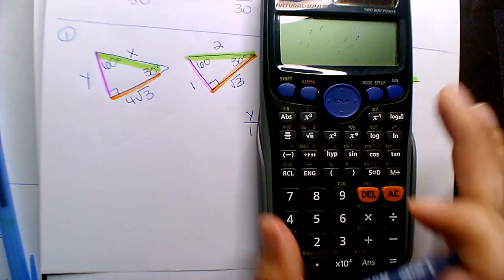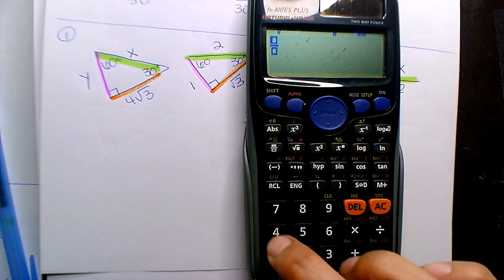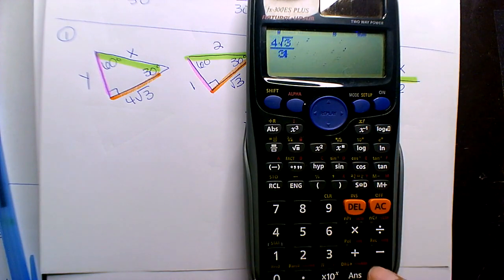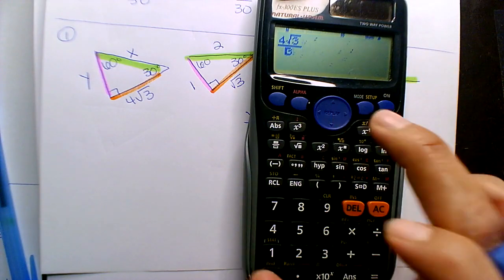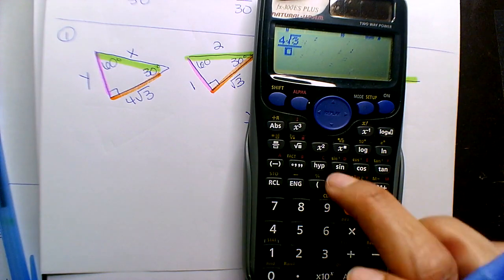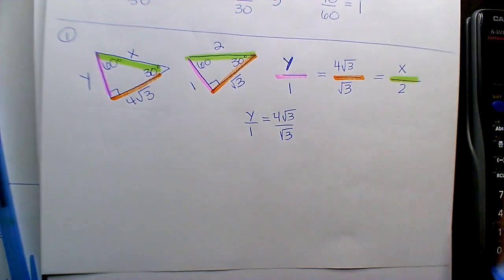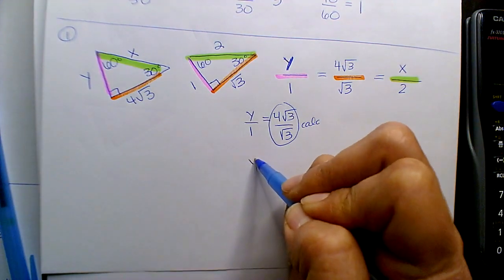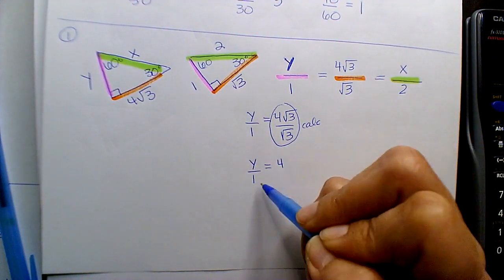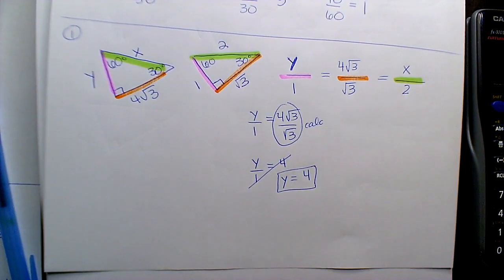Okay, so what is 4 rad 3 over rad 3? My bad. It's 4, yes? When I put this into my calculator, I get 4. So I really have 4. And what's 1 times 4? 4, right? And if some of you saw that beforehand, that's great.